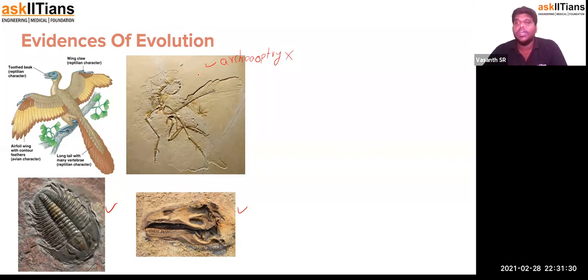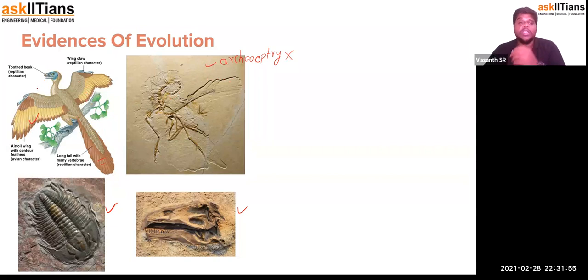Archaeopteryx looks like a bird, right? If you zoom in, it has both reptilian and avian characters. Aves means birds. Birds have their body covered with feathers and wings, right? You see the wing over here and the body is covered with feathers. Let's go deeper. It also has a beak, which is a characteristic feature of a bird.